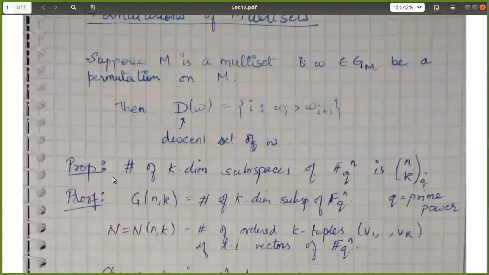In particular, it could be a prime number or a power of a prime number. So if Q is any prime power, FQ is a field with Q many elements, and you take the product of FQ with itself n times, and that is how you get FQ^n.